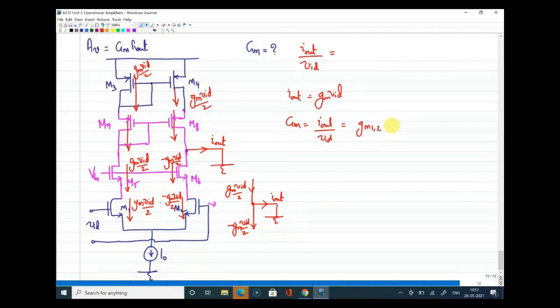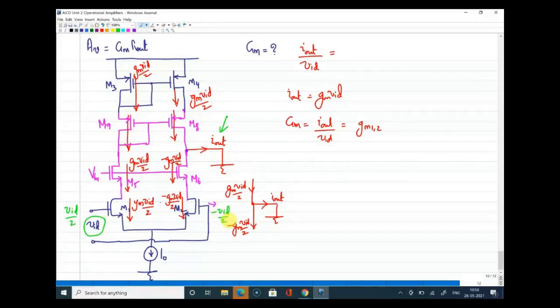Sir, can you please explain again? Yes, so what I have done here is, in order to find capital Gm, I need to have a short circuit current I out that I marked first. That is what you are seeing here. After marking that, I looked at the differential input voltage between M1 and M2. I have applied Vid as my voltage. So if Vid is the voltage, I can say that Vid by 2 is the voltage here and minus Vid by 2 is the voltage on the other side. That is how you will get a differential voltage of Vid.